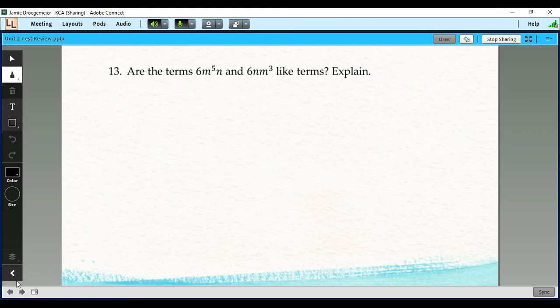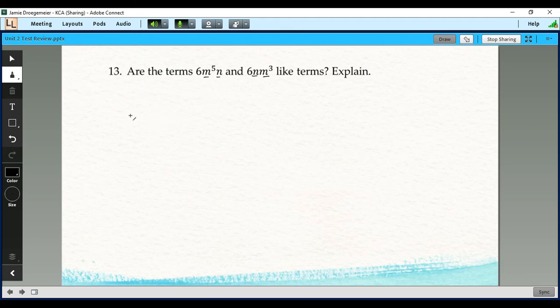All right, number 13 asks us to explain if these two terms, 6m to the fifth n and 6n m to the third, are like terms, and why or why not. Well, in this case, we would say that they are not like terms, because although we do have the same variables, those variables do not have the same exponent.